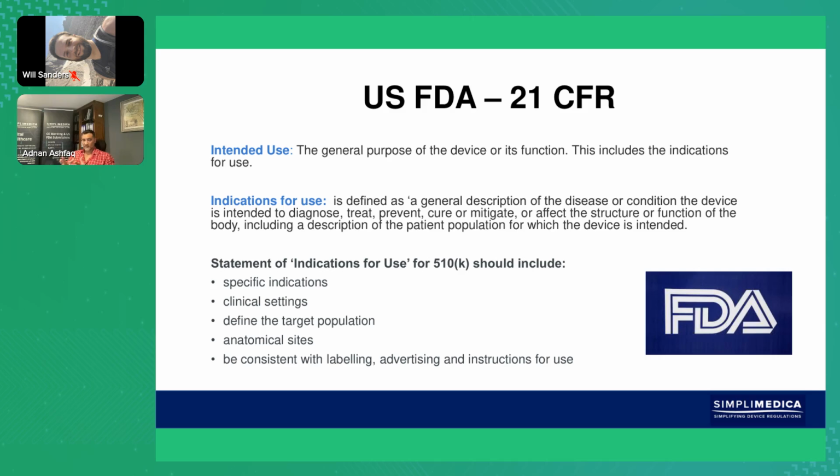It says here that the statement of the indications for use for the 510(k), so when you submit a 510(k), should include specific indications, clinical settings, define the target population, anatomical sites, and be consistent with labeling, advertising, and instructions for use. So back to my point about our sales and marketing friends, because it can be easy to get carried away with some of the materials, and we say that our device can give you the best aesthetics or whatever else, it does all this, but does it really do that?